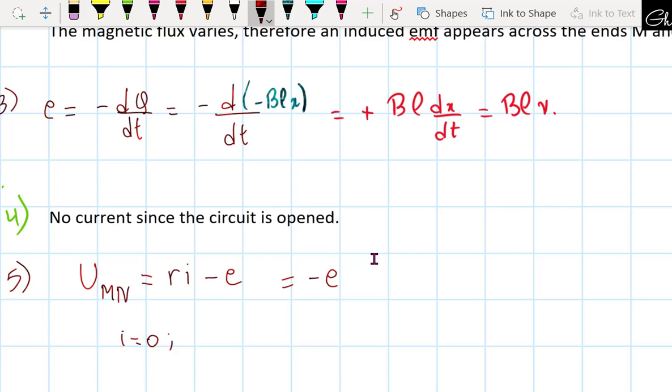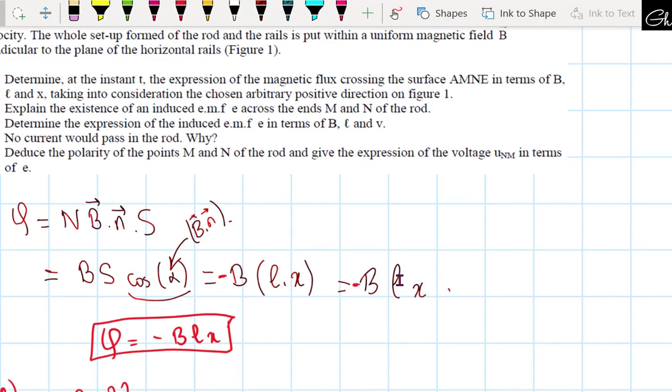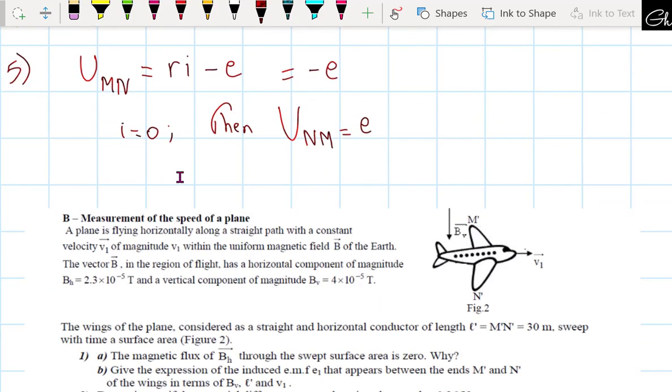Then they asked us about UNM, so we can just change it, and UNM will be equal to plus E, which is a positive constant. If we go back to part 5, they said deduce the polarity of points M and N. Since UNM is positive, then N will have positive polarity, and M will have negative polarity.